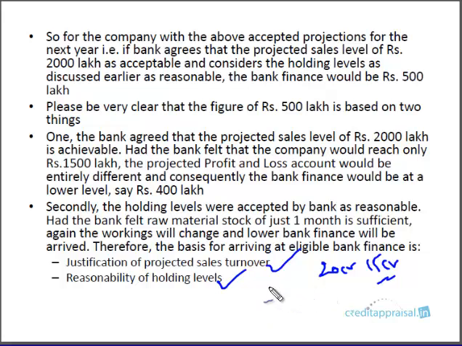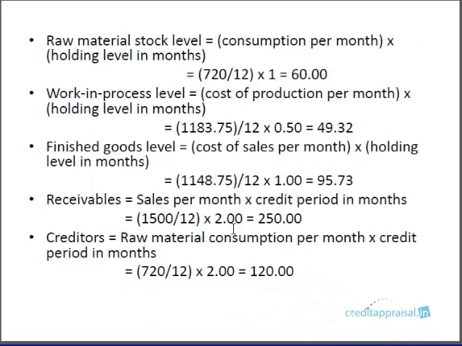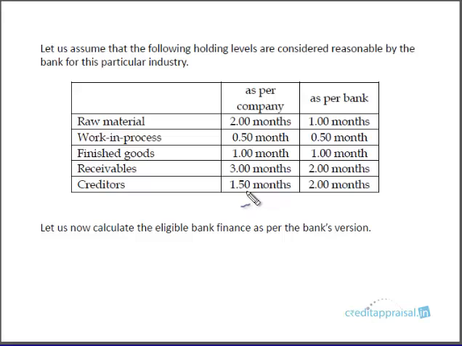Now regarding the holding levels, the company had prepared the projections based on a certain set of assumptions. You revised the assumptions also, and this is what the company has revised. As per your assessment, these are the ideal, reasonable holding levels. The company said we require raw material stock of 2 months. You said 1 month is sufficient.